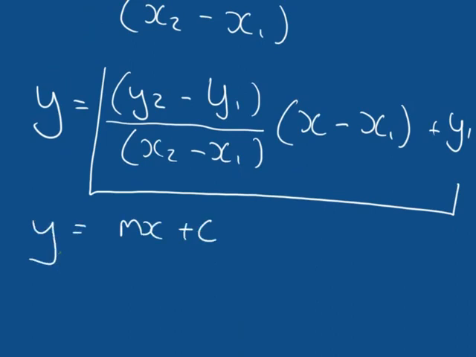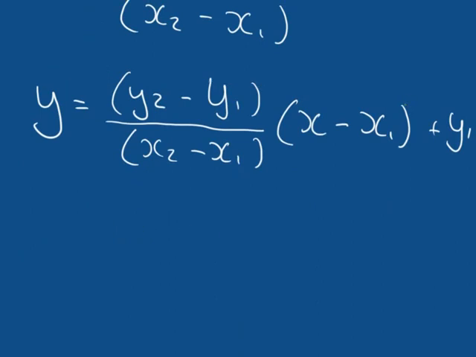We know that y equals mx plus c, therefore if y is equal to this, then they're equal to the same thing. Thus, in most cases where we are solving problems using an equation, generally all we need to know is some value for this. So if we're given 2 points and we need to determine a line equation using those points, we can simply plug the values of those points into this equation.